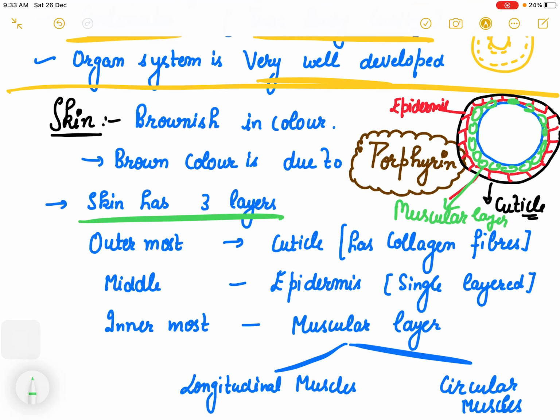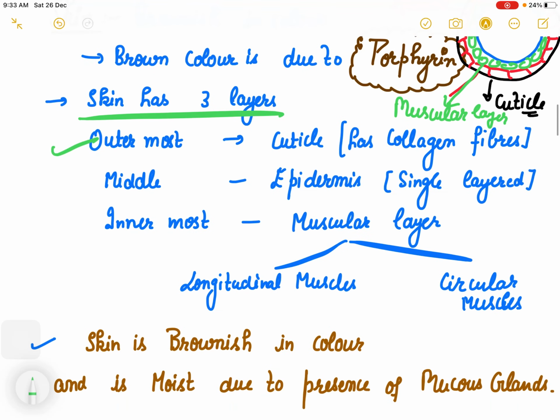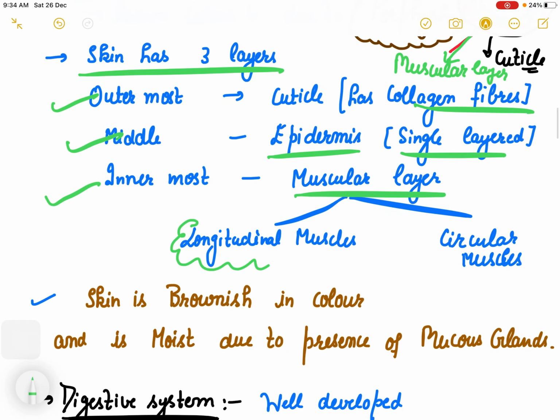So you will observe 3 layers. Skin has 3 layers. Outermost is cuticle, which has collagen fibers. The middle one is epidermis, which is single layered, and the innermost is the muscular layer, and it has 2 types of muscles. If you go through Aschelminthes again, did we talk about circular muscles there?